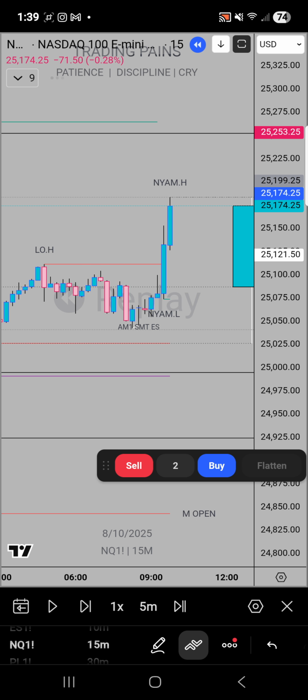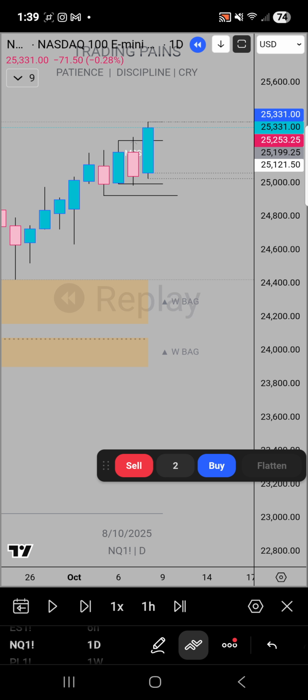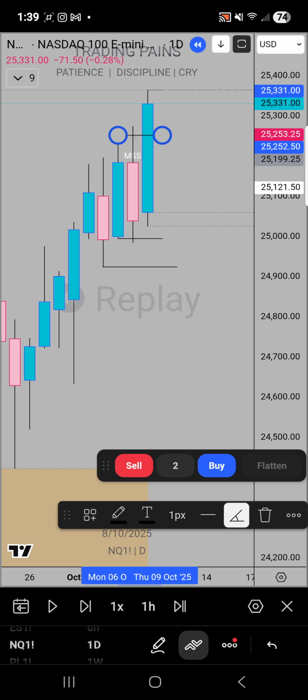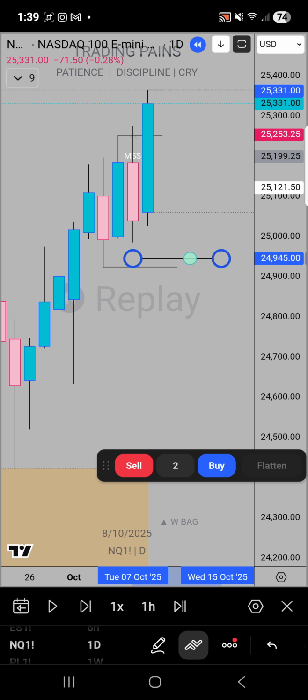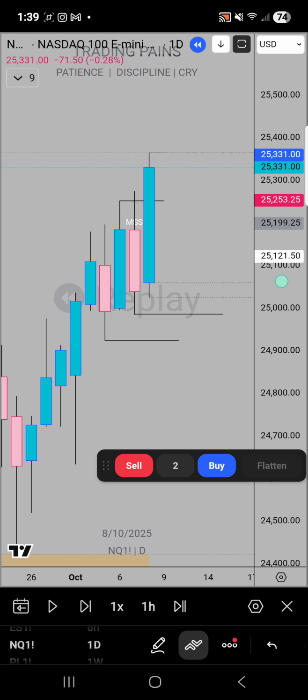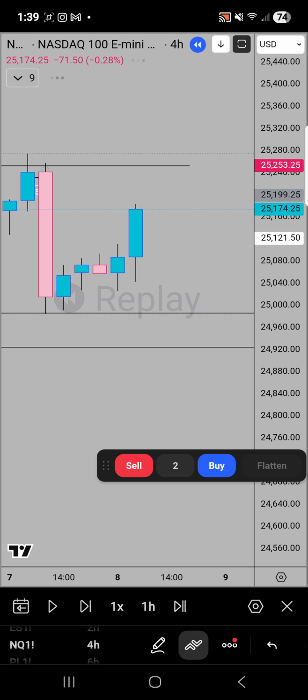Next day. So we look on the daily for our buyers, and it looks like it went up. It swept out that high, and then it swept out that low. So this is the previous day low, new target. I don't think it's going to go down. It might continue up, so we're going to look for a continuation up.